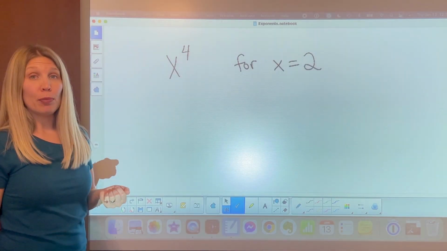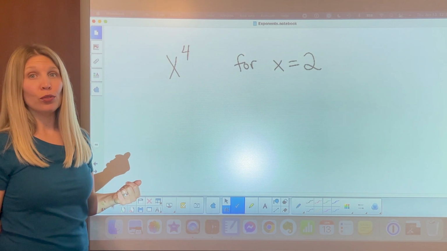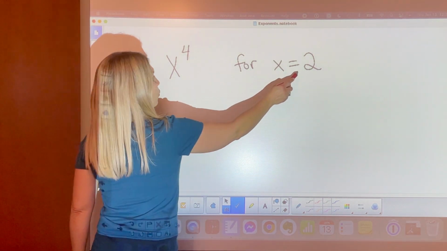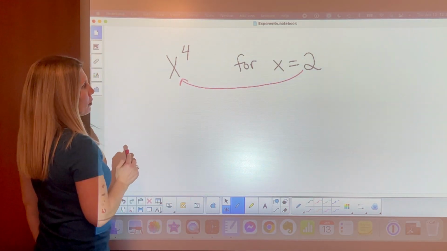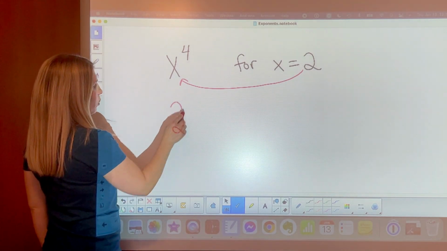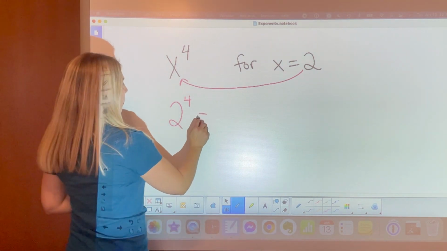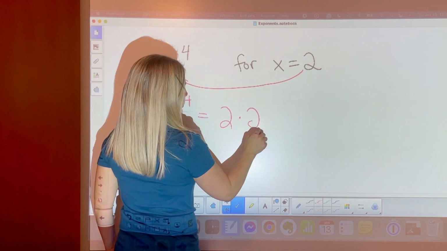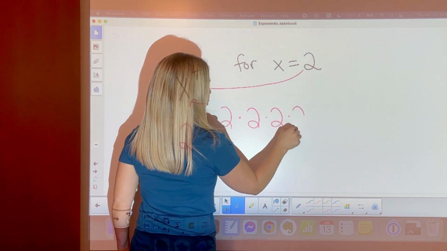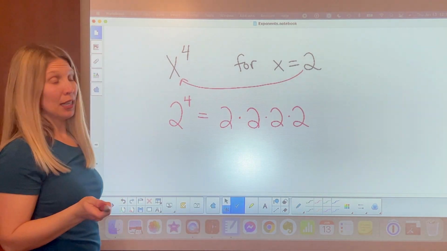Now we're going to try an example where we substitute in a value for x. So 2 is going to sub in for x. So we want 2 to the 4th power. That means I want four 2's. So 2 times 2 times 2 times 2, which we kind of already did in the beginning problem.